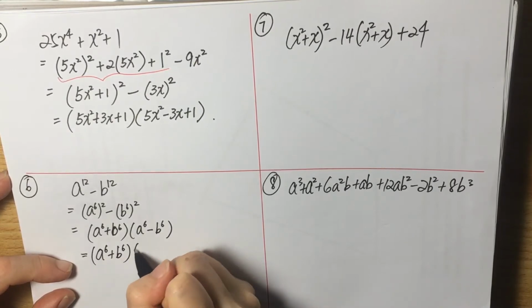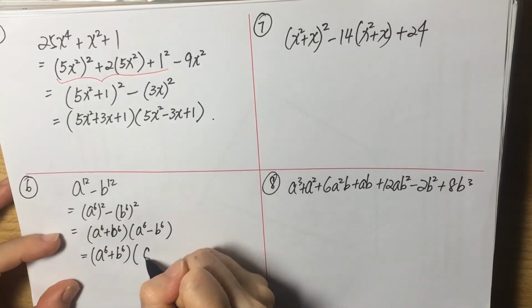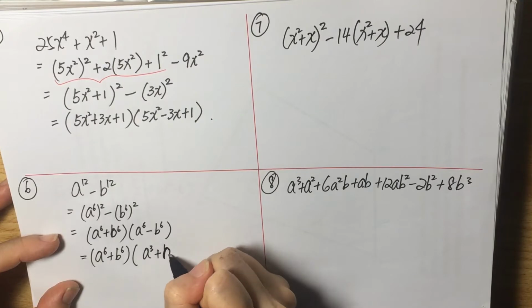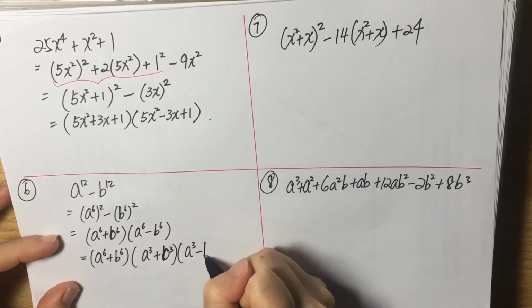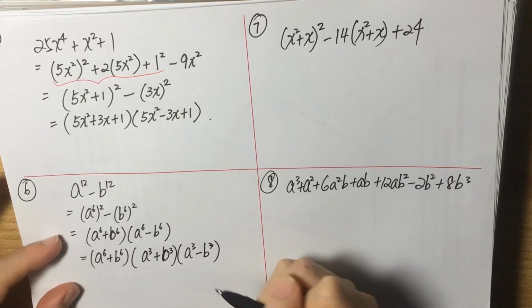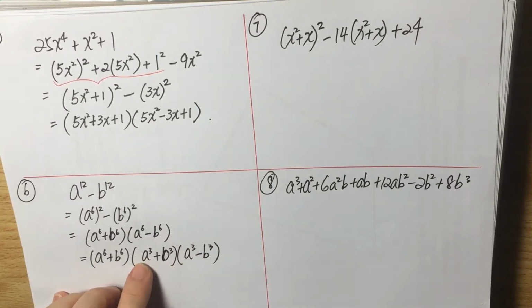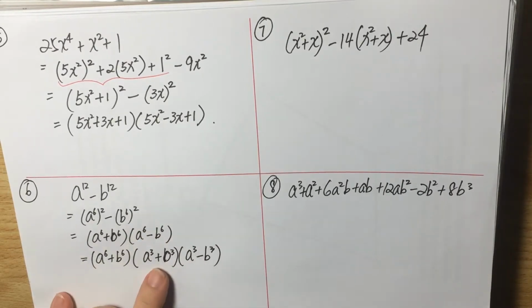Okay, but this one can further be factorized to be a cubed. So I have (a cubed plus b cubed) and (a cubed minus b cubed), because this is like your x plus y times x minus y, that will be x squared minus y squared, which is this one.